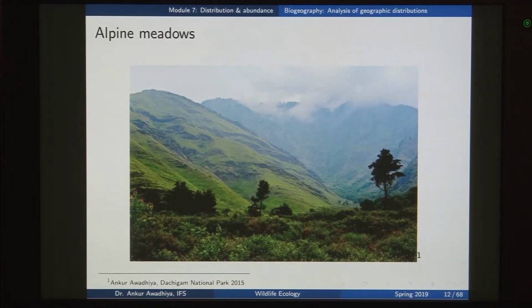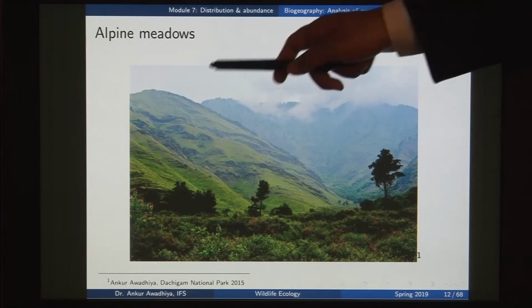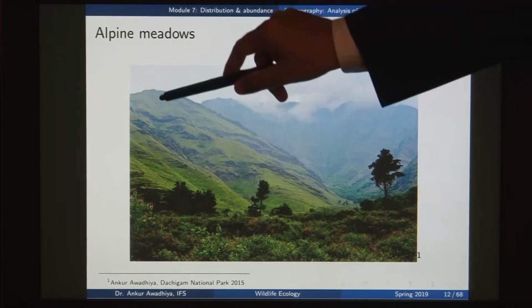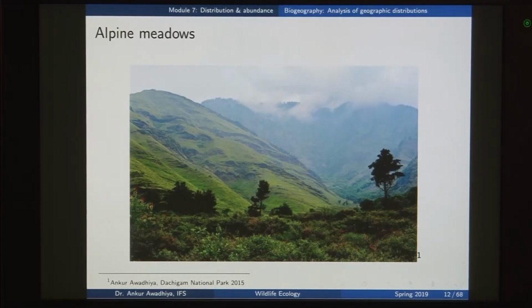Because they have been in this particular state for say thousands of years, and whenever there is a rainfall, all the minerals that are there on the top layer of the soil will start dissolving in the rainwater and moving down slope. They will reach into the streams and then into the rivers, and ultimately they will get drained into the seas. So, these areas are typically not very fertile.